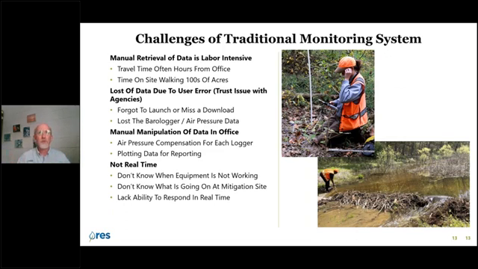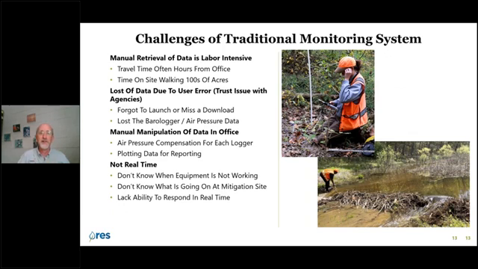And something that happens more than you would think: the water logger measures air and water pressure. You have a barrel logger that measures air pressure, so you can subtract the air from the water pressure. Well, that barrel logger, we deploy them into a tree or someplace else on site. We've lost them. People have forgotten where they put them.